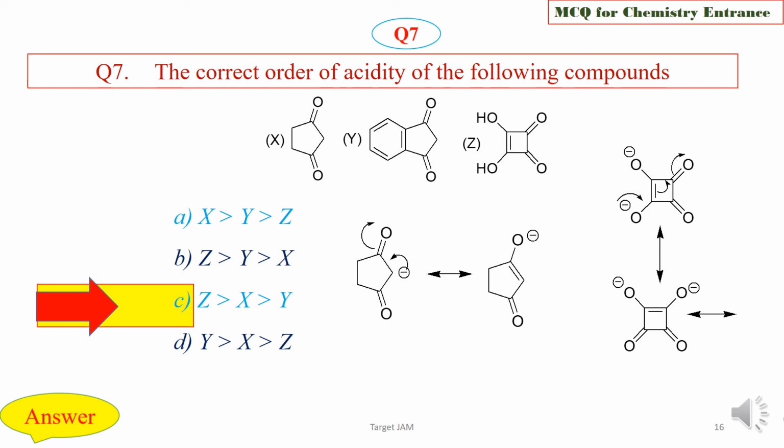In case of X, the anion is stabilized by the conjugation with two adjacent carbonyls, and in case of Y, the phenyl group shows a plus R effect, so its stability is a little bit less. So the stability order and acidity order is Z greater than X greater than Y.